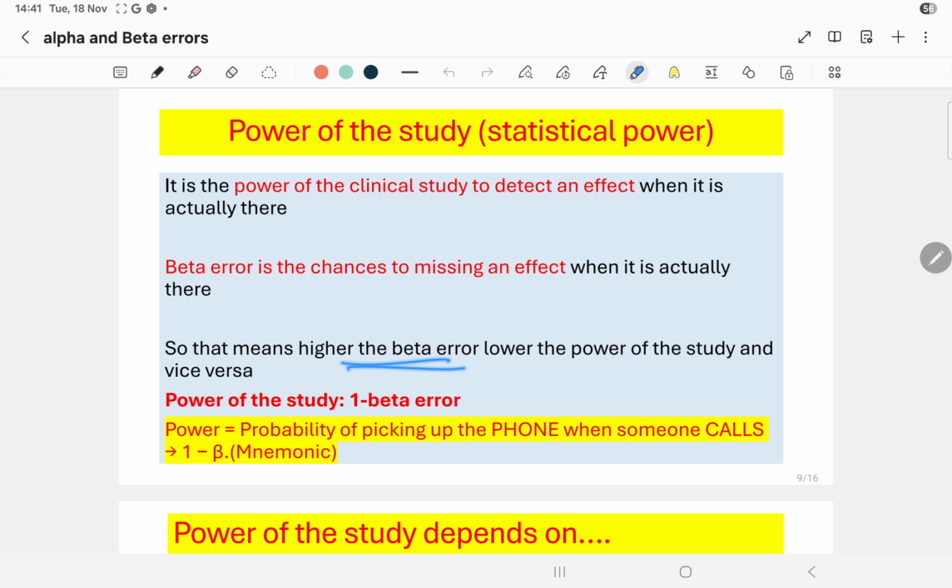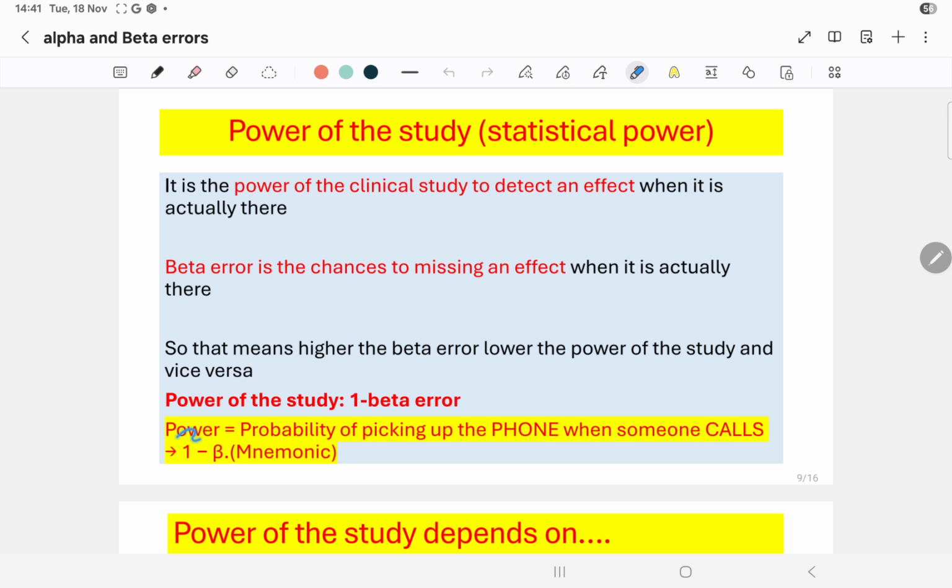The higher the beta error, the lower the power of the study, because beta error means the inability to detect the effect, and power is the ability of the study. So these are totally opposite things. That means power of the study is 1 minus beta error. The more the beta error, the lesser the power of the study. The lesser the beta error, the more the power of the study.